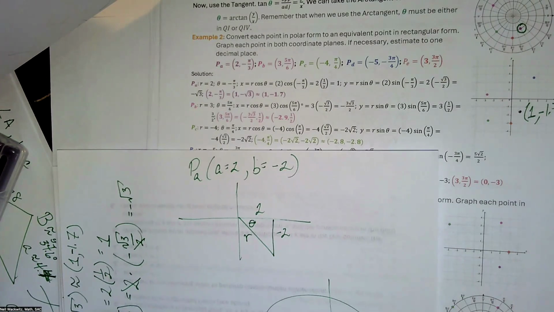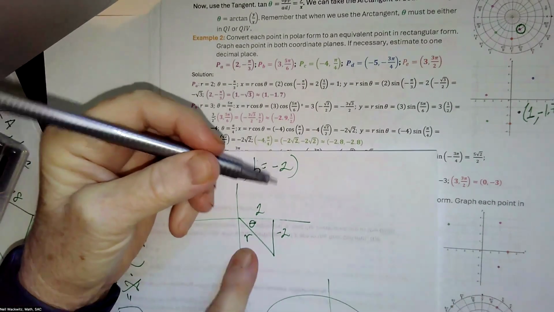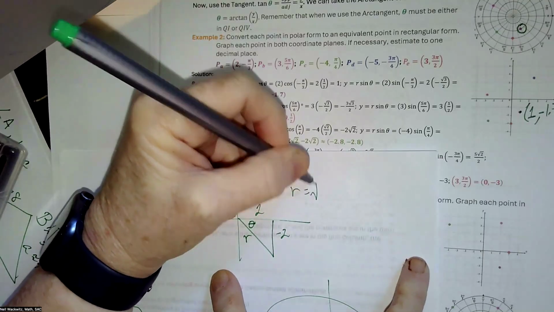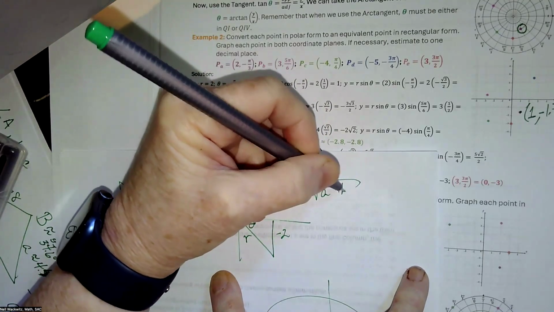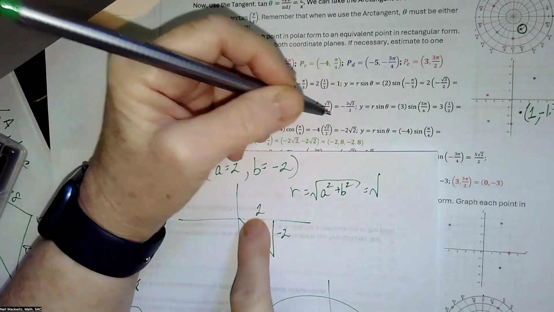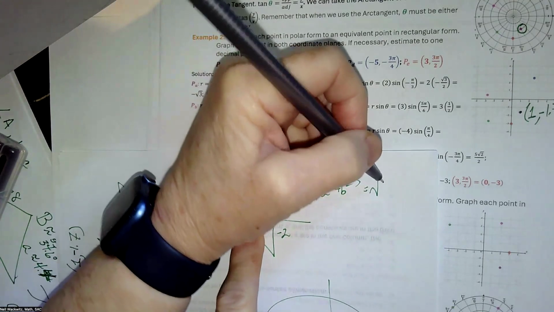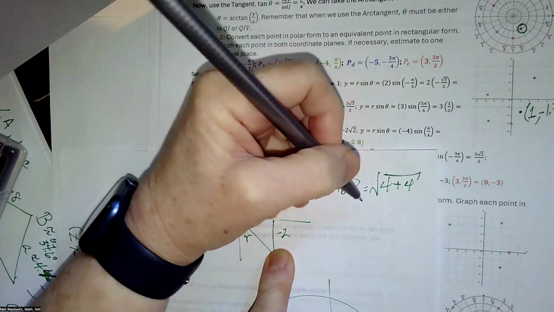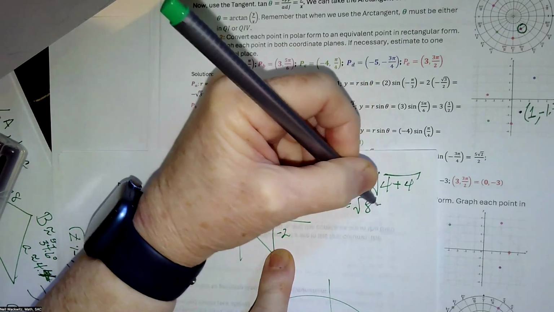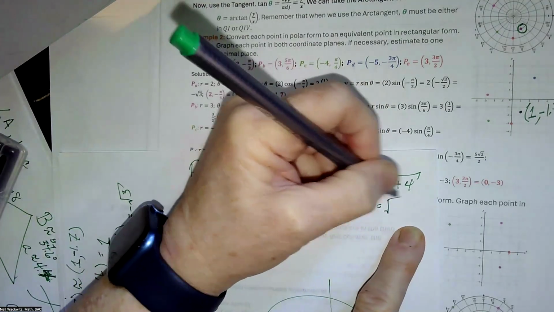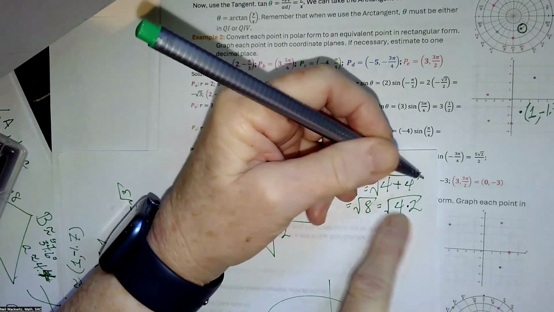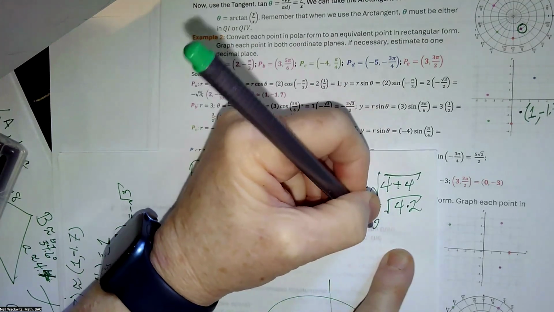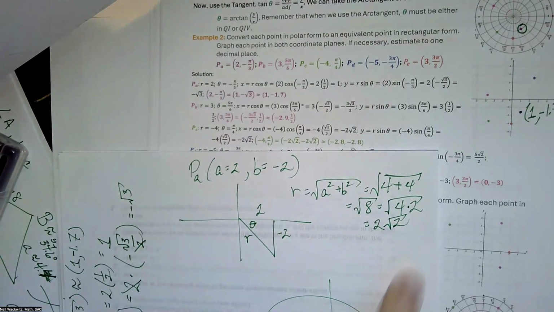And remind me how we can find r? Yeah, Pythagorean theorem. So we know that r is equal to the square root of a squared plus b squared. Let's see, a squared is 4. B squared is also 4. We get the square root of 8. 8 is 4 times 2. And the square root of 4 is 2. So we get 2 times the square root of 2.